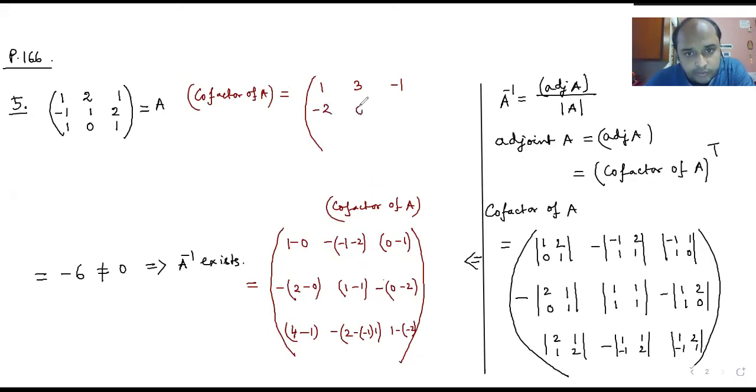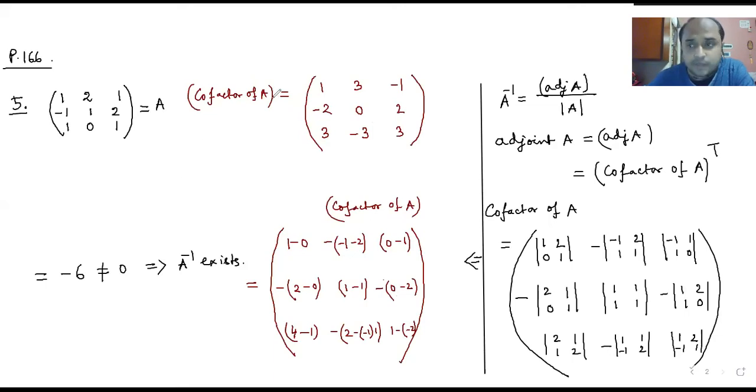This is 0. That is minus of -2, that is 2. And the last row gives you 3. Then this is actually 2 minus -1, that is 2 plus 1, that is 3, that is -3. And lastly, we get 1 minus -2, that is 3.